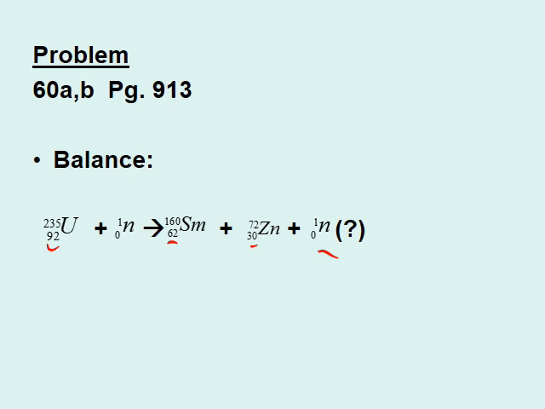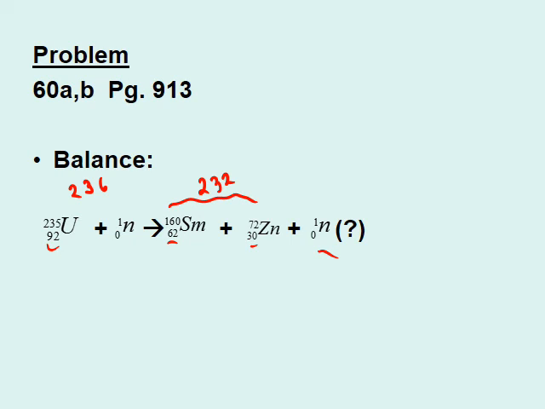Top number, the masses. 235 plus 1. So it'd be 236 is the total mass. Right now we have 160 plus 72. So that gives you 232. So it's 232 at this point.